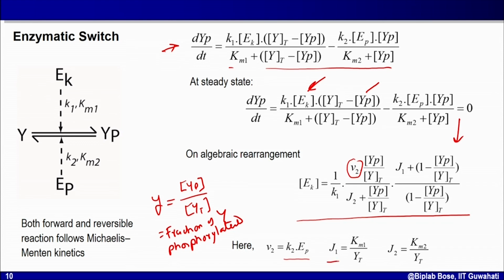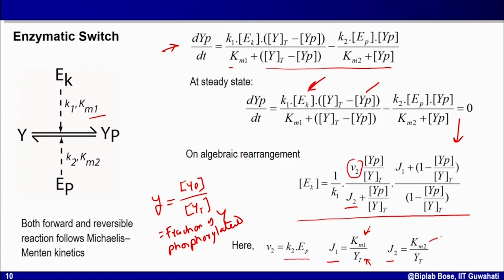J1 is another parameter. J1 includes two things. One is Km1, that is the Michaelis-Menten constant for the forward reaction, the kinase reaction, and the total amount of the substrate, Yt. Similarly, J2 used here is represented by Km2 by Yt. So I have replaced Km2 by Yt by the parameter J2.